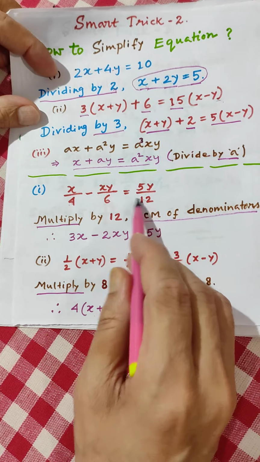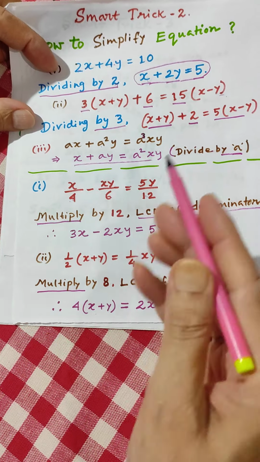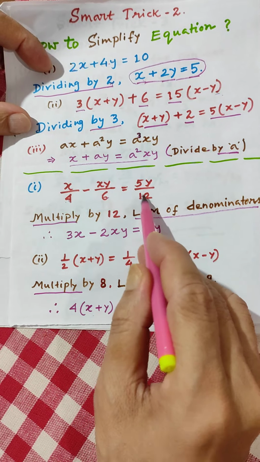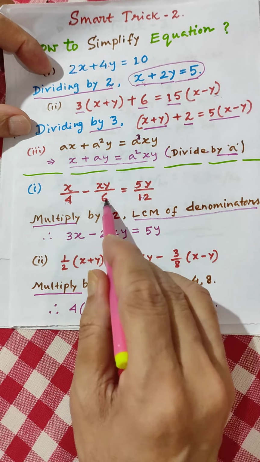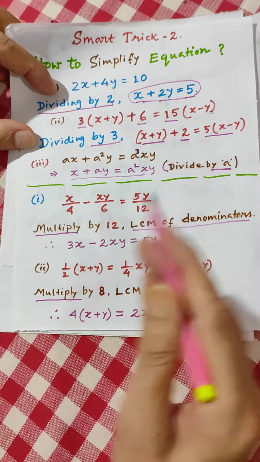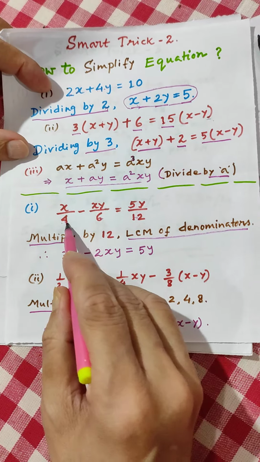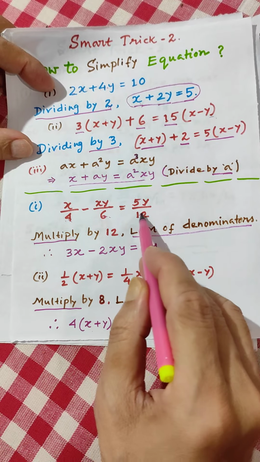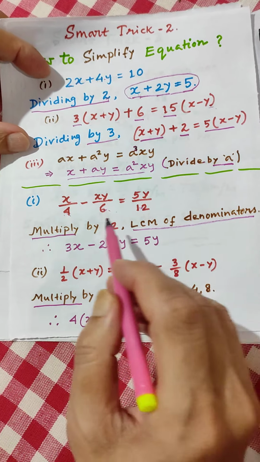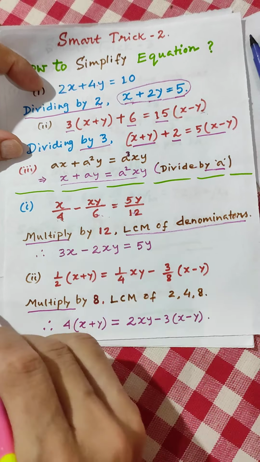Now 4, 6 and 12, the LCM is 12. Why is the LCM 12? 4 is a factor of 12, 6 is a factor of 12, so 12 remains. You can find it by any method. So 4, 6 and 12 are the denominators, and the LCM of the denominators is 12. So we multiply each term by 12.